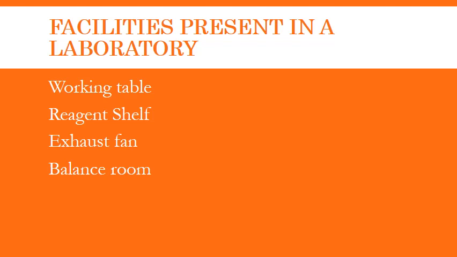So an exhaust fan is always there in a lab. A balance room is always attached to a lab to measure the mass of all the chemicals with which you will be carrying out the experiments. So these are the facilities which we find in a lab. This is how a lab looks like.